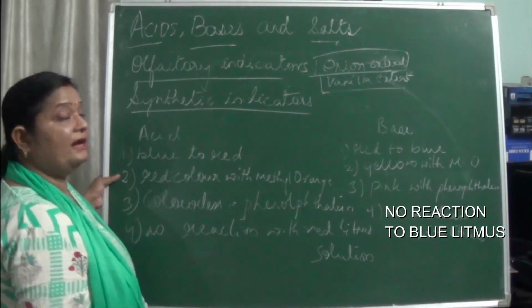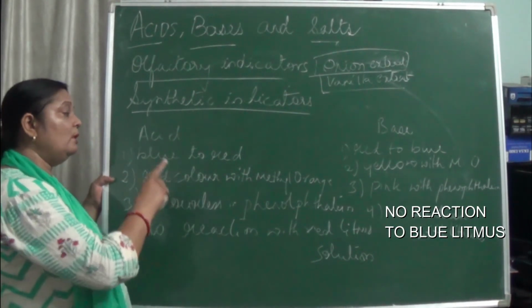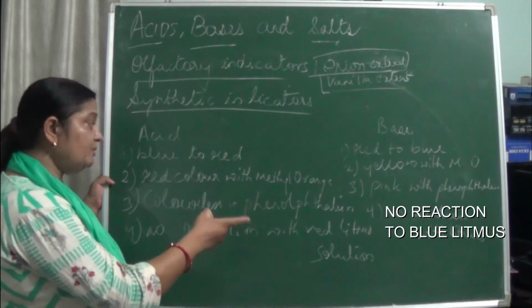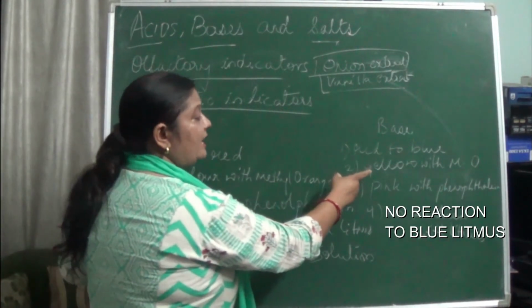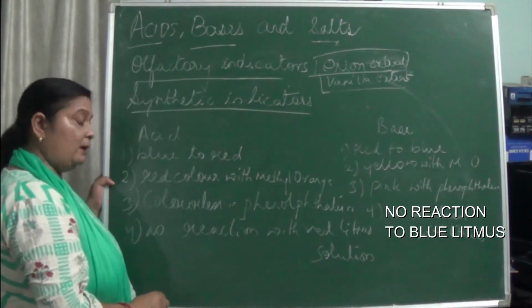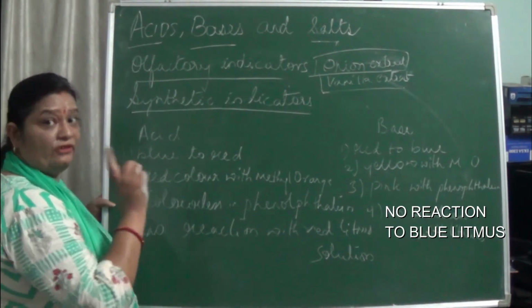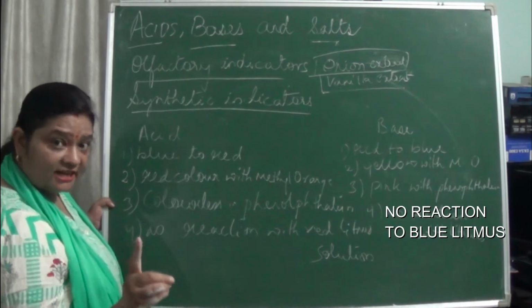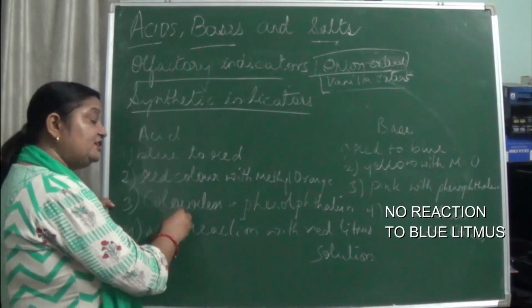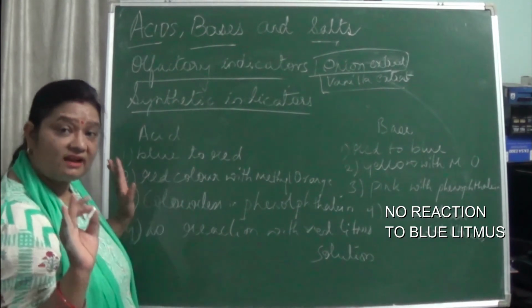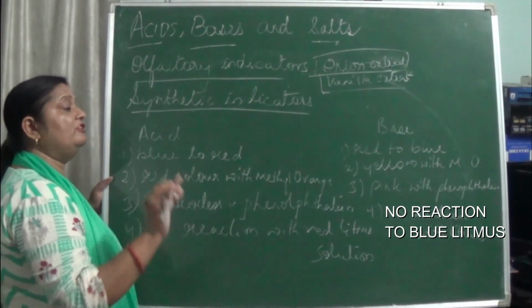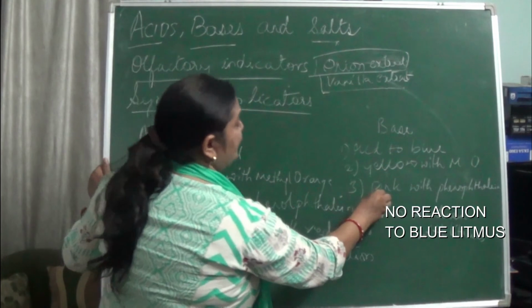Regarding methyl orange, when acid is added to methyl orange, it changes red in color, and when base is added, it changes to yellow in color. Regarding phenolphthalein, which is colorless in nature, when we add acid, there is no change in color because it remains colorless, but with base it changes pink in color.